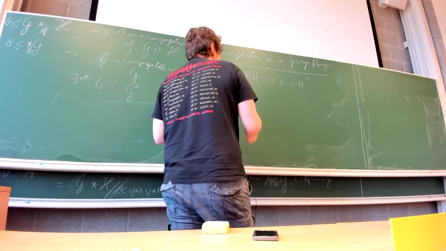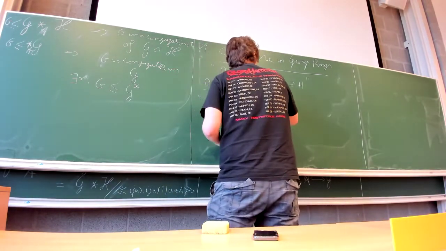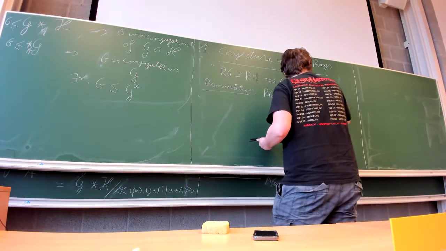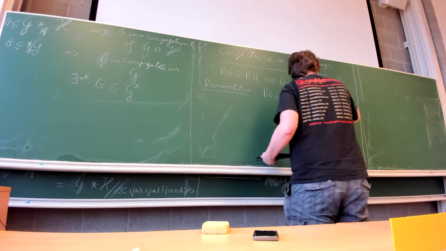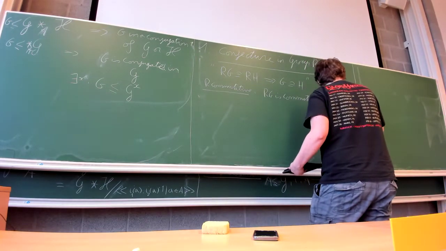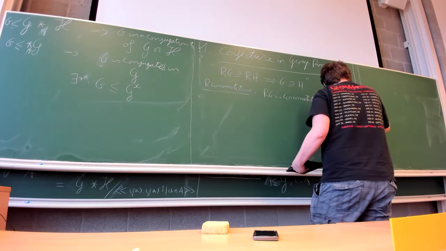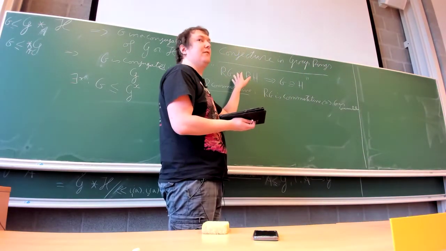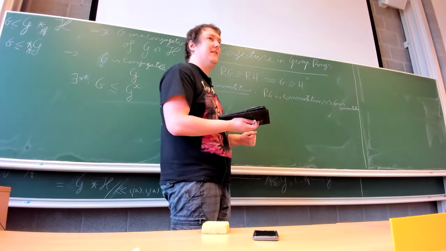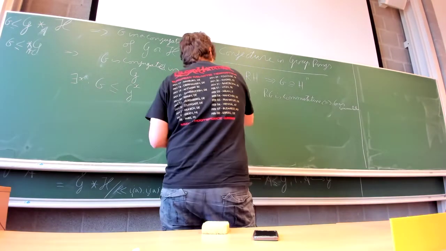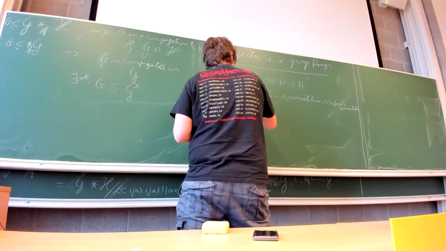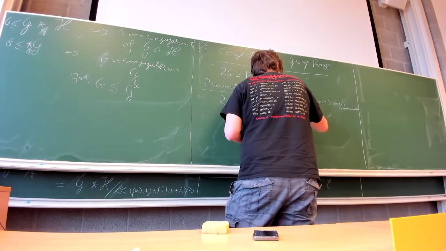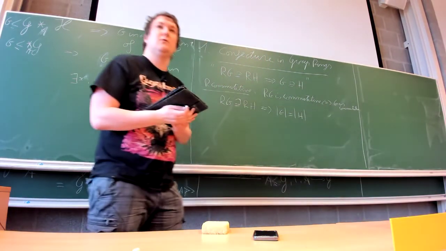Then it's quite easy to see that RG is commutative if and only if the group G is commutative. So at least this group ring remembers a couple of things of your group, namely, for example, the fact that it's commutative. Also, if you have RG isomorphic to RH, then at least those groups have the same order.